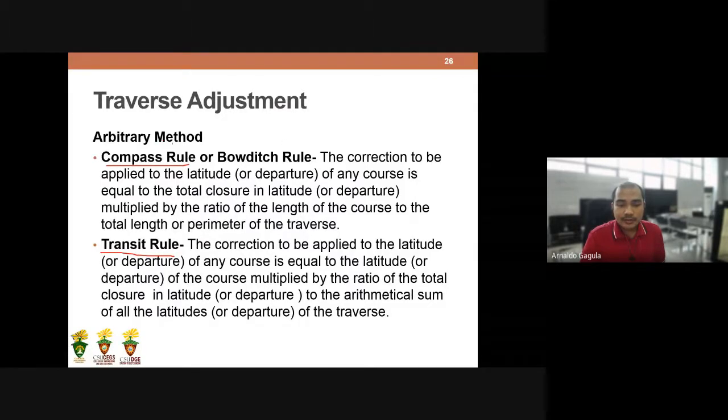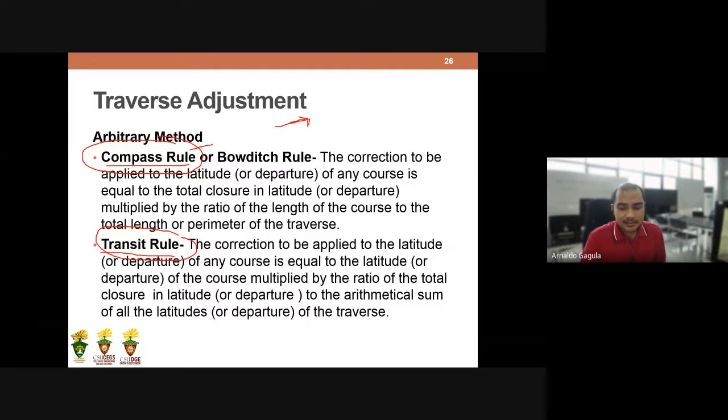I will not go too deep into this part because it will be discussed in your geodetic computations and adjustment. This is just an introduction, which was introduced in your GN 101 before.